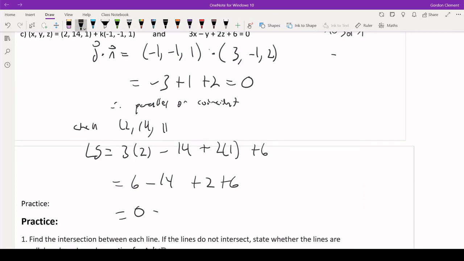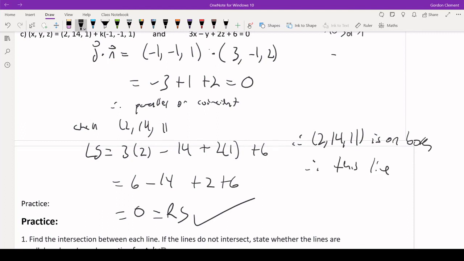That looks like it is 0, which is the right side. Therefore, 2, 14, 1 is on both. Therefore, this line lies on the plane.